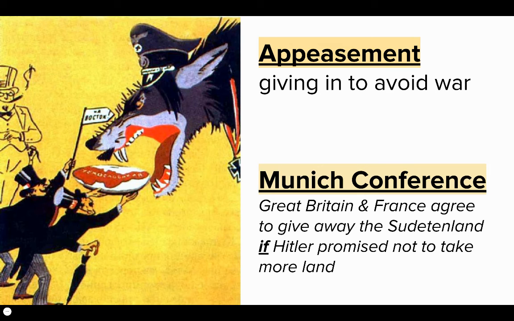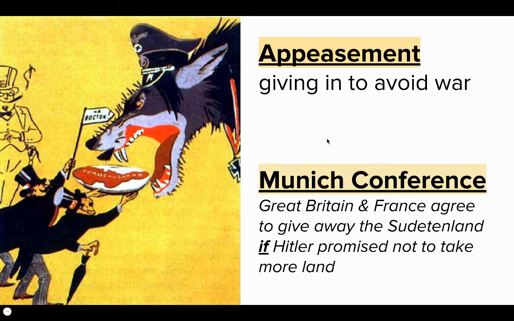Great Britain and France, powers in Europe, decide to appease Germany. They decide to give in to Adolf Hitler in order to avoid a greater war. Hence, the political cartoon, of course, giving the meat to the wolf. And it comes with a little clause. The countries say, okay, we're going to give him the Sudetenland if Hitler promises not to take any more land.